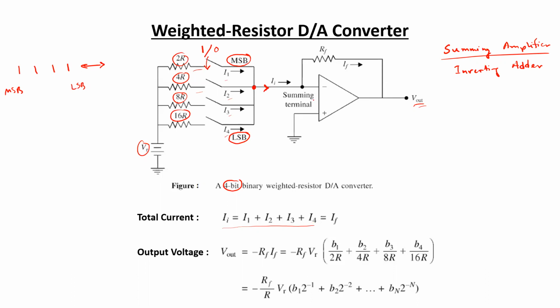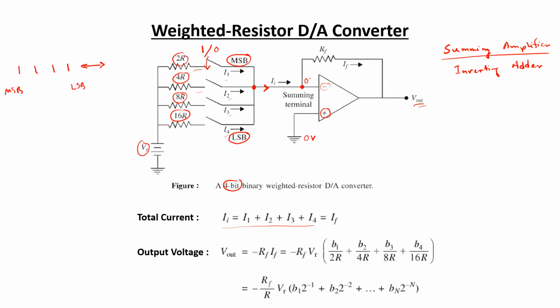Now, for an inverting feedback circuit where the non-inverting terminal is connected to ground or zero potential, from the concept of virtual ground, what can you say about the potential at the inverting terminal? 0.